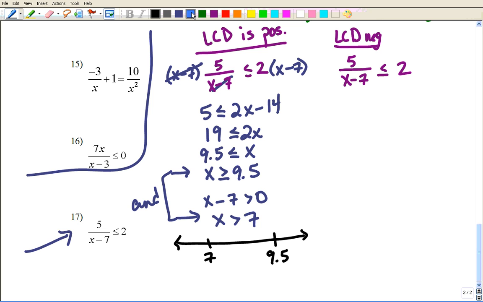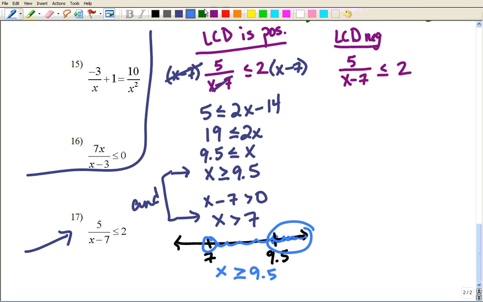On this first part, we have x is greater than or equal to 9.5, so it'll be above that, and x is greater than 7. You want to look at where it overlaps, and that's this part right here, and that can be summarized with x is greater than or equal to 9.5.